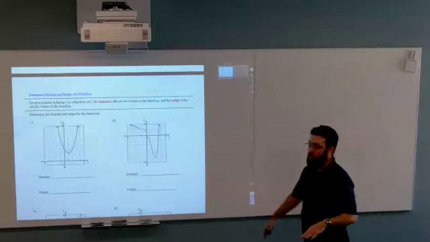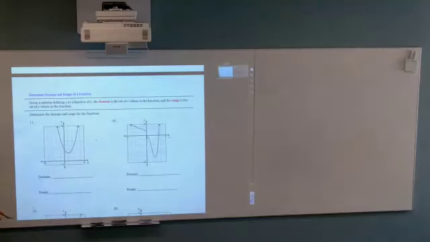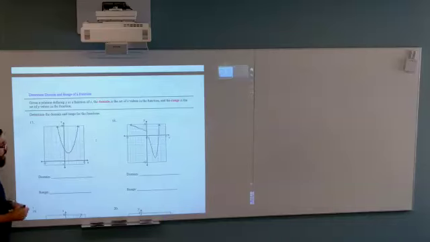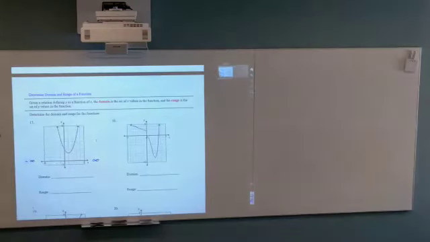What's the domain? Check the graph. Both going up, right? So going to where? First of all, let's check here. From here it goes to negative infinity as an x, and from here going to infinity. We need to focus on the x value.